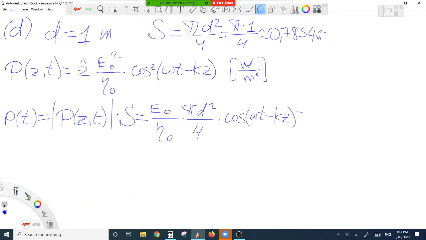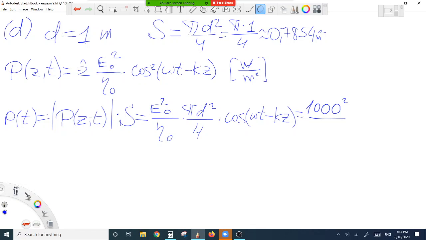And so E0 was given as 1000, so E0 squared is 1000 squared. I forgot here to put the squared.